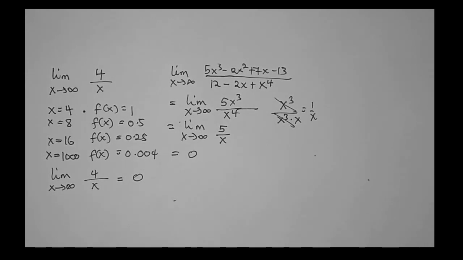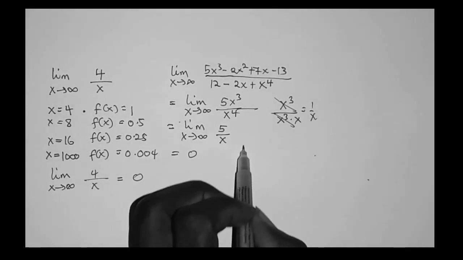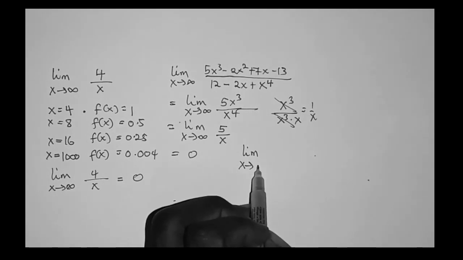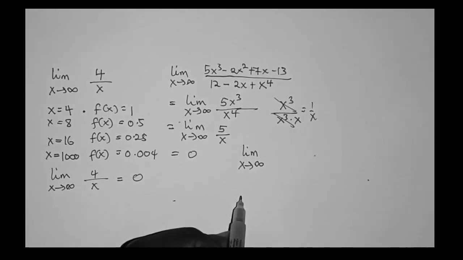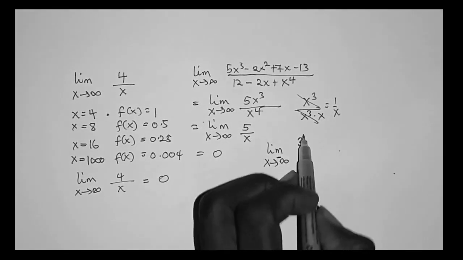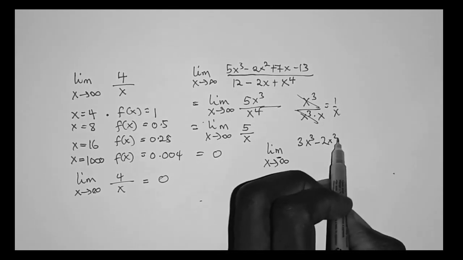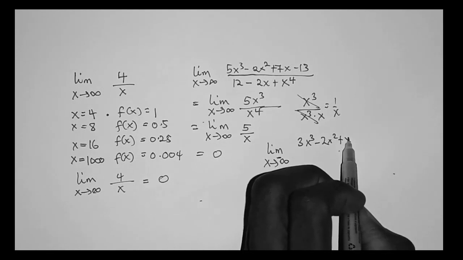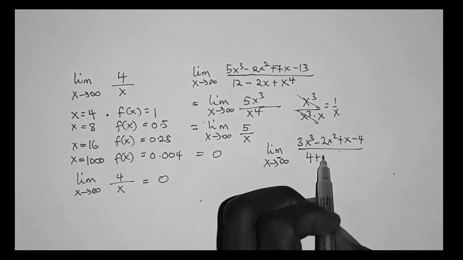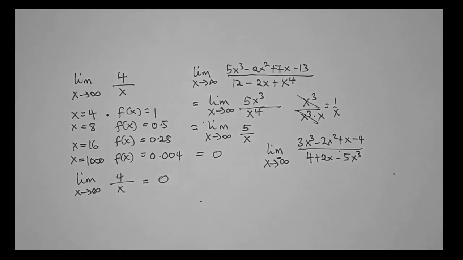Now, let's also find the limit. Let me write it here. Limit as x approaches infinity from the right hand side of 3x cubed minus 2x squared plus x minus 4 divided by 4 plus 2x minus 5x cubed.